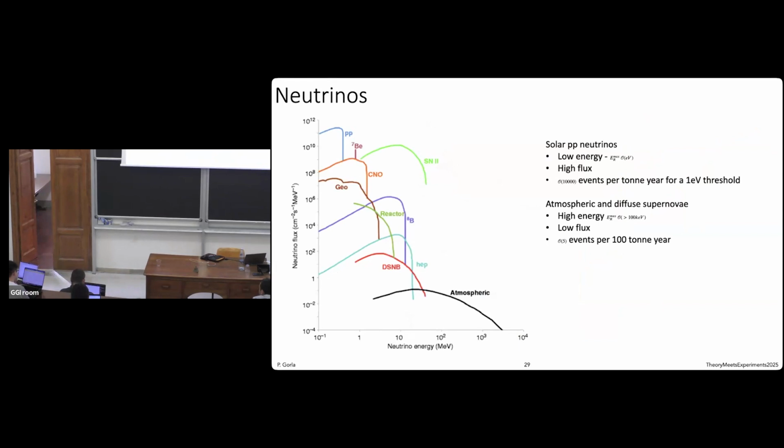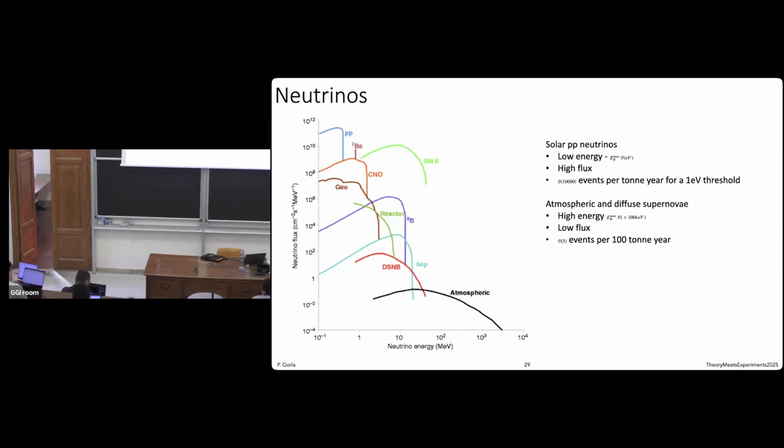And this is what you expect from neutrinos. This is something that maybe you know. The most intense source of neutrinos is the pp cycle, so proton-proton fusion in the sun core, basically.